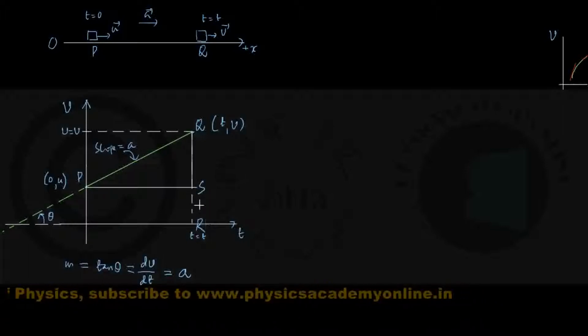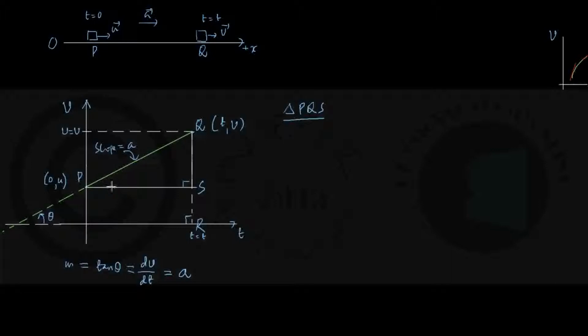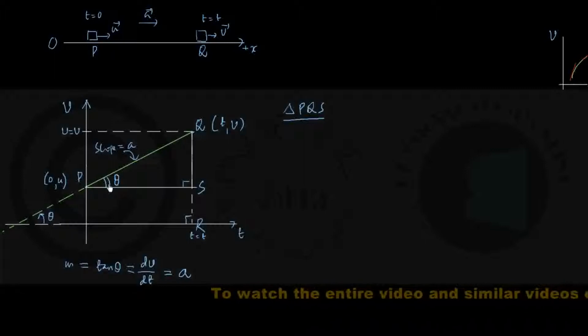This is the line PS, this is a perpendicular, this is also a perpendicular, 90 degrees each of them. Now you can see here in the triangle PQS, the angle QPS is also theta because it is the corresponding angle, right? So if this angle was theta, since the t-axis and PS are parallel, this is also the theta angle.